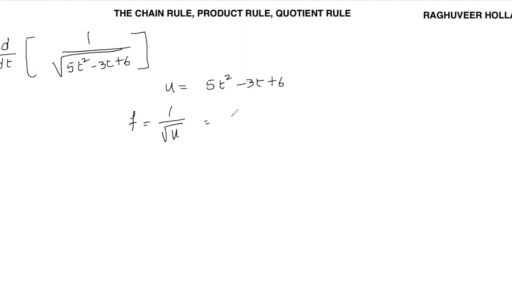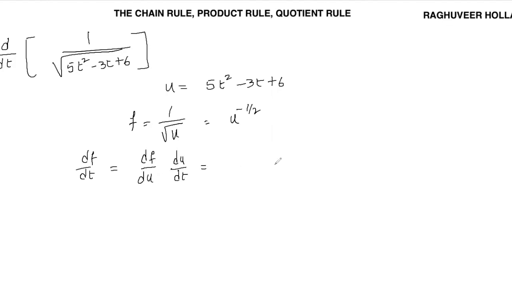So this is nothing but u to the power of minus half. So let us find df by dt, which is nothing but df by du and du by dt.